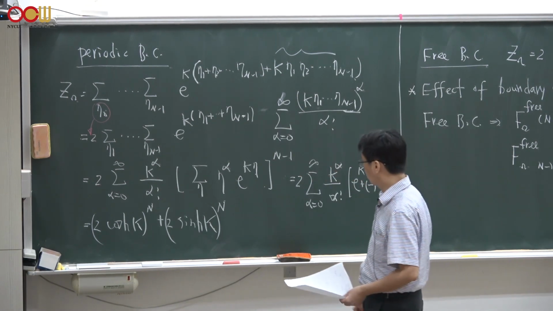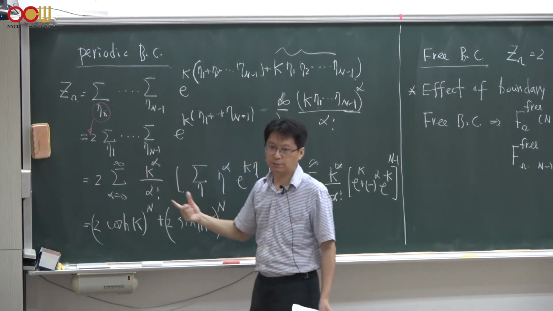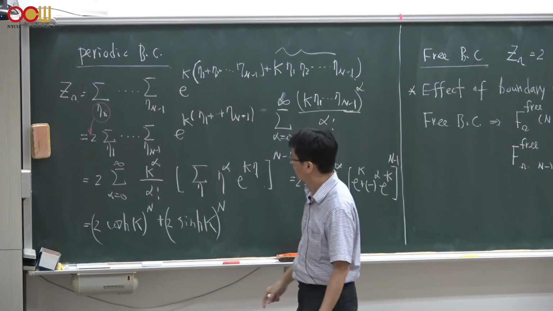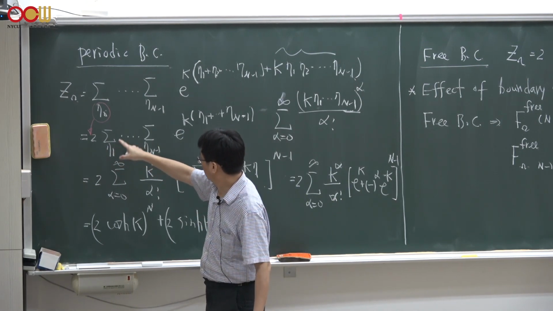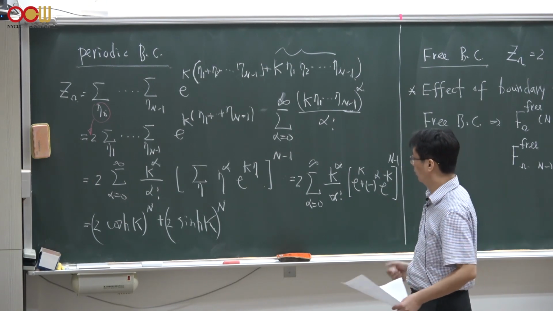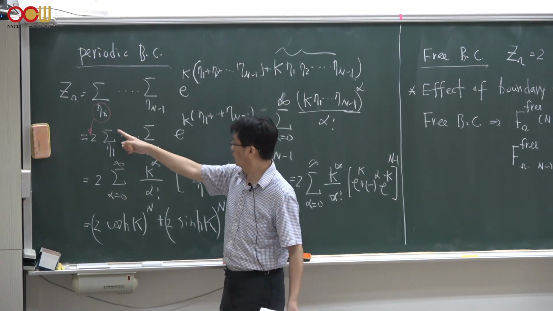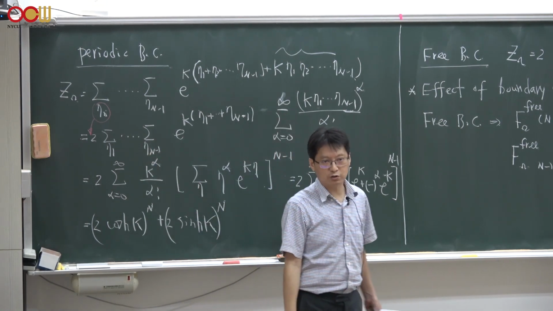You can consider all this in the product of the summation simply as a product of the same thing. Same thing meaning the summation over eta 1 is the same as the summation over eta 2, and so on and so forth. And you simply multiply all these n minus 1 single summations over a single eta.